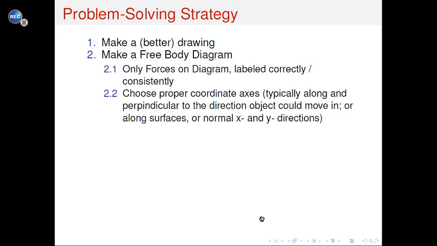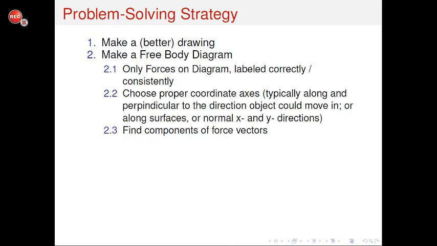Or you want to pick along surfaces. Right? Maybe you have an object that's just sitting on a ramp. It's not moving, but it makes it so much easier a lot of the time to pick parallel and perpendicular to a surface. Or you can pick the X and Y directions. The idea is that the forces have to add up as vectors. It doesn't matter what your coordinates are, you will get the same answer. The reason for picking particular ones is to pick easy ones to work with.